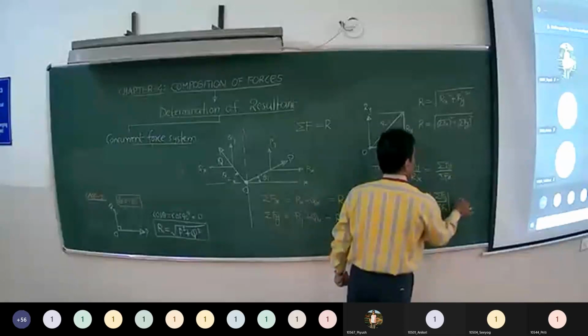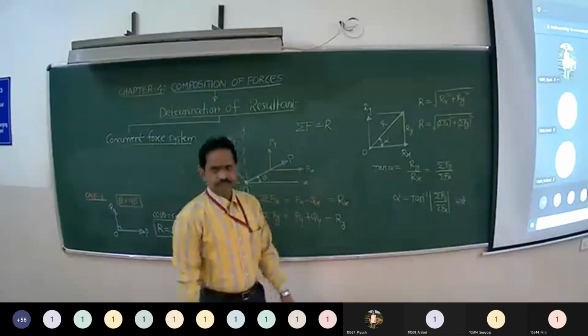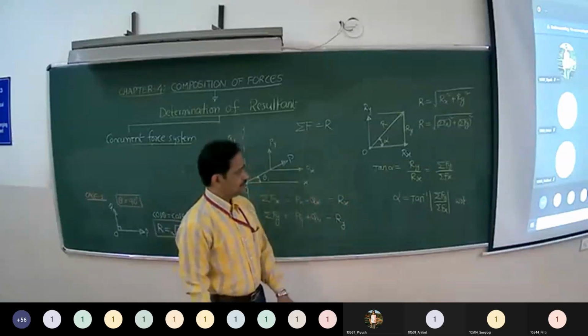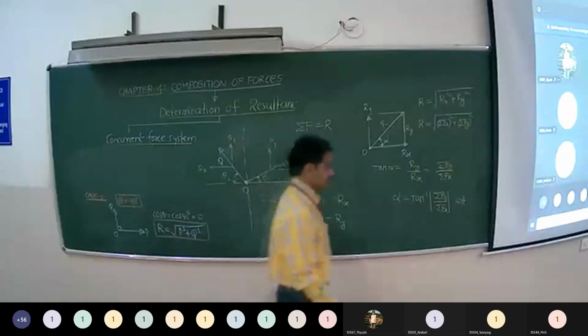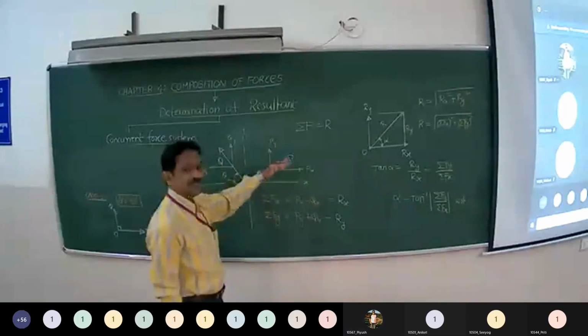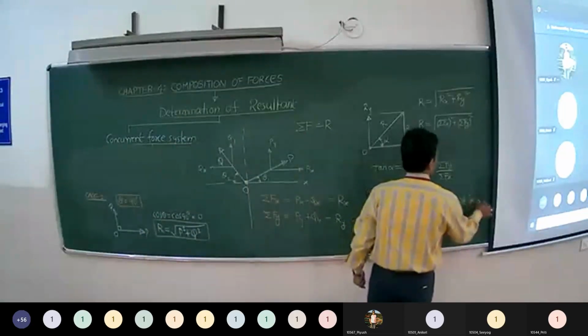Now you tell me, this is with respect to the x-axis. This is with respect to the x-axis, nothing to do with respect to P. This is always with respect to the x-axis.